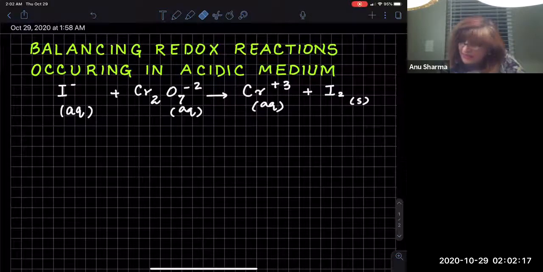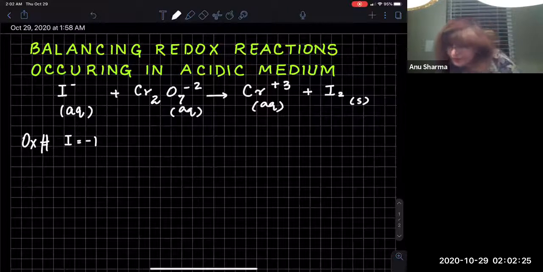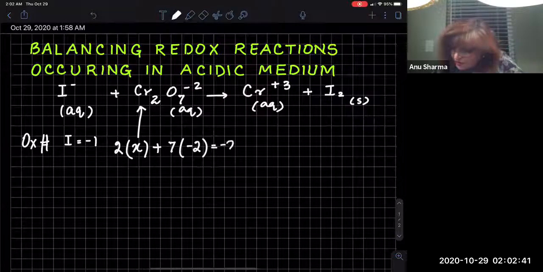So we see that the oxidation number of iodine is -1. Okay, let us say we do not know the oxidation number of chromium. So for chromium, you can always put X, and there are two chromiums. So 2X plus 7 times -2 for oxygen is equal to -2.